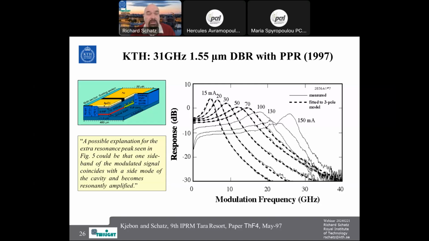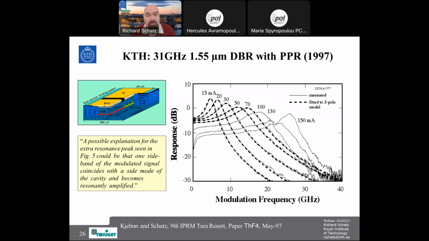Of course, 1300 is more interesting for datacom, because you can get better thermal behavior of your laser with gallium arsenide, and also at 1300 you don't have dispersion. So for datacom, 1300 is better.